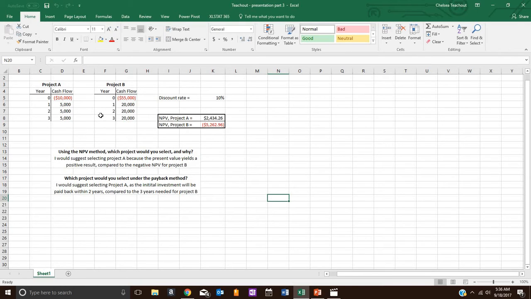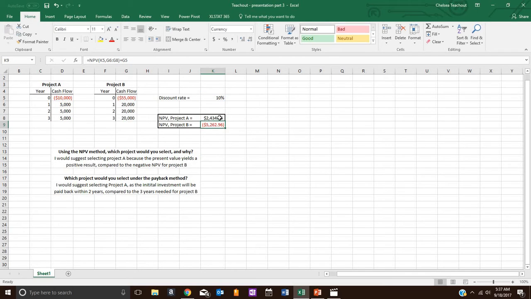We're given two different projects, Project A and Project B. Here we can see that we had an initial investment of $10,000, so we were at a loss. And then Project A had $5,000 each year, Project B $20,000 each year. Now, using the formula, you can see here how we inputted it into Excel.